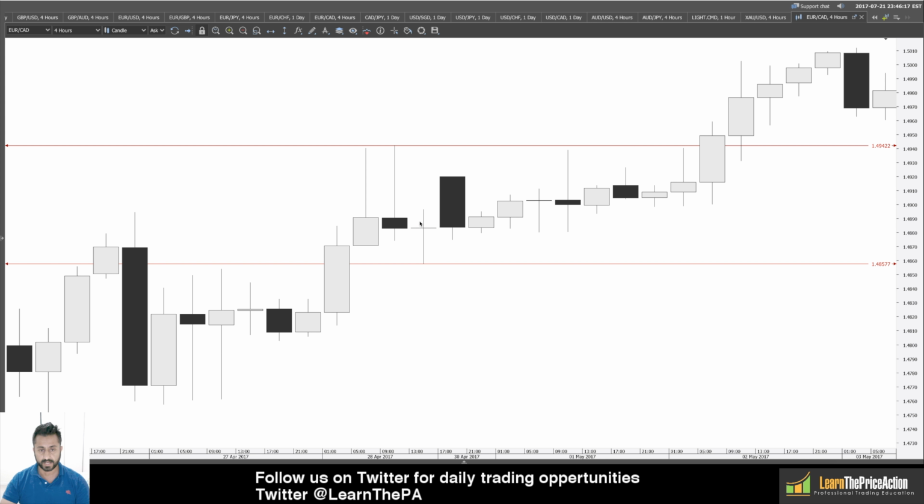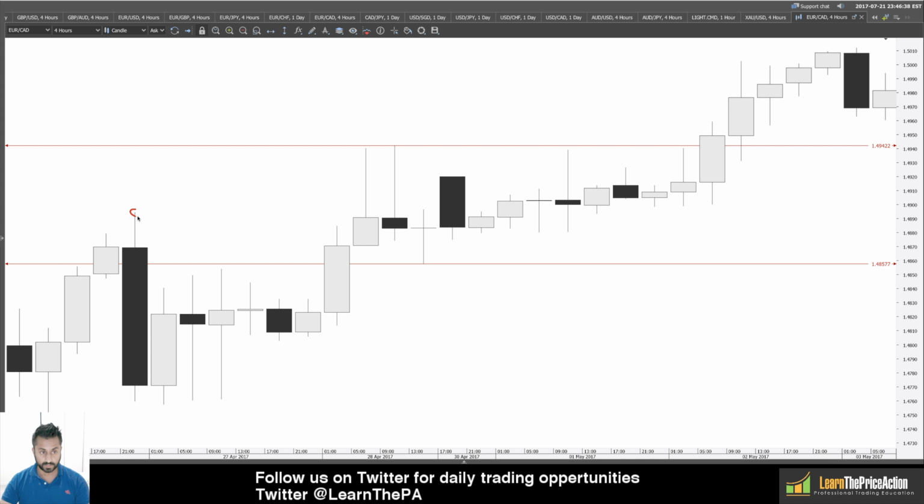How do you decide where your stop loss is going to be? You have to define the last hook point. And you have to find the low of that hook point or the opening price of that hook point. So over here the last hook point is this right here.